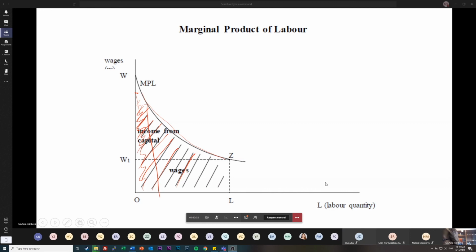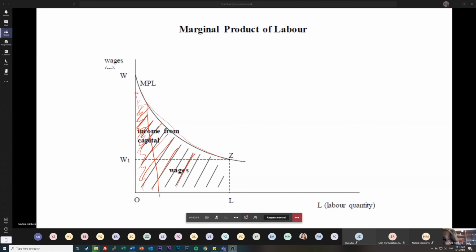And the third thing I would like you to know is that we are drawing this chart under the assumption that we have only two factors of production, labor and capital. That means the whole GDP is divided between workers and the owners of capital. You can see it again on my board. There is the rectangle of wages.